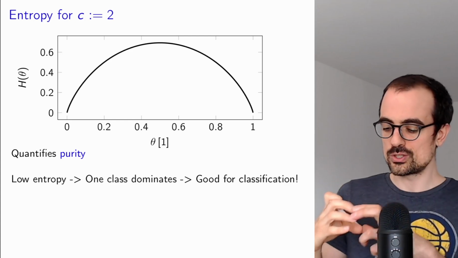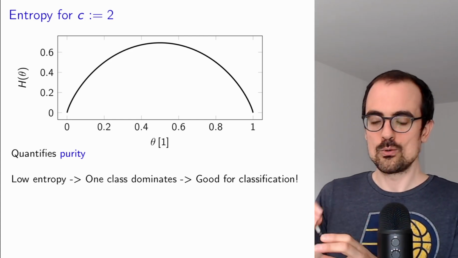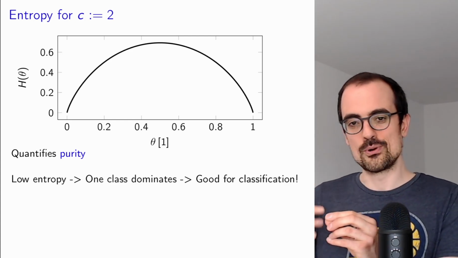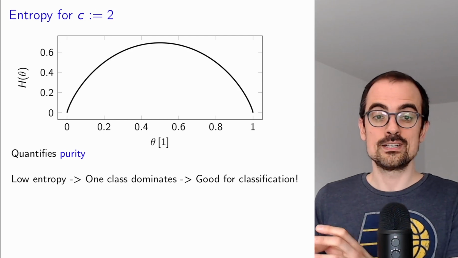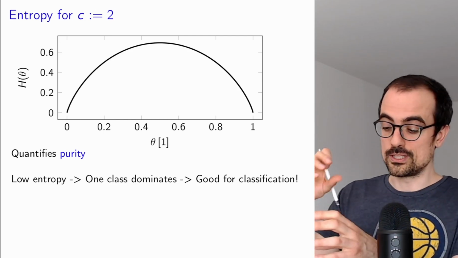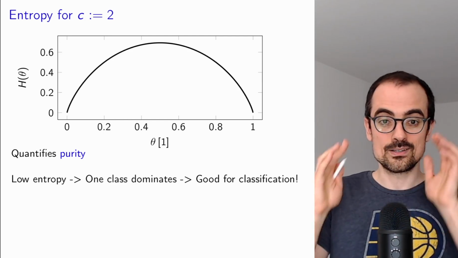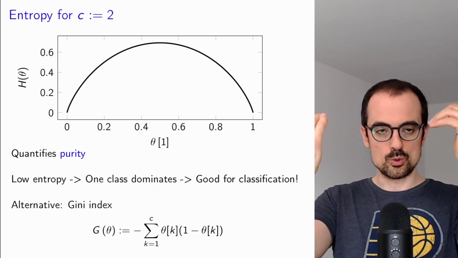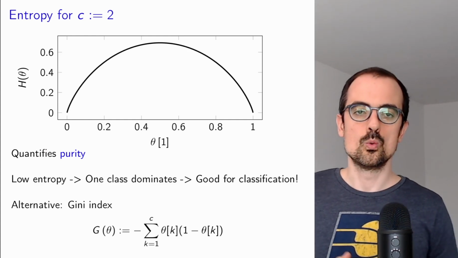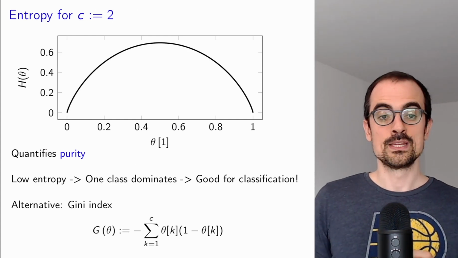We want regions where the probability is equal to 1 for one of the classes and to 0 for all the other classes, because that means that within that region, there's just data points corresponding to one of the classes, which is amazing. We're going to get perfect classification. So that's why we try to minimize entropy when we're building our classification trees.